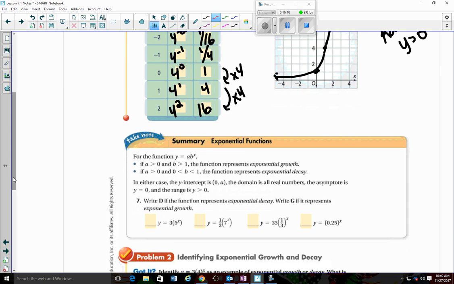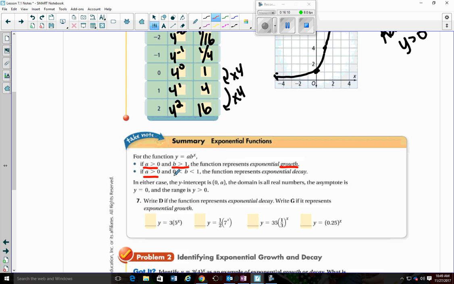Again, I would highlight this. There's a highlight button on the draw feature, or you can underline it. But the two things that you're looking at comes down to this b, which is the base. The a must always be positive. That condition is true for both. But if your b is greater than 1, then that's a growth. So make those connections there.